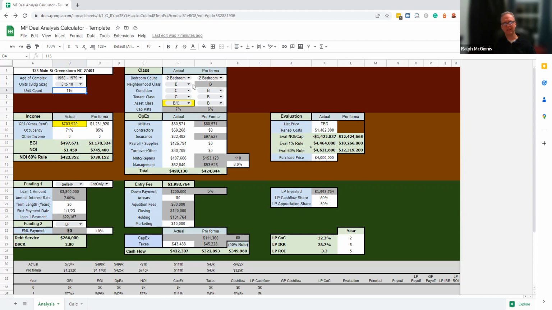Neighborhood class, you never want to go above the neighborhood class as far as how you fix up the property. It doesn't make sense to put an A-class property in a C-class neighborhood, because the people that would want that apartment wouldn't want to live in a C-class neighborhood. So you typically want to go up.